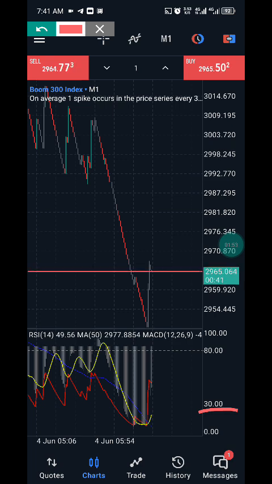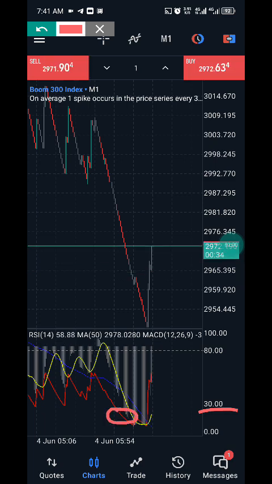Now, what you are going to wait for is the red line also. The red signal should also cross that same level. Immediately it crosses that same level, that is the right time for you to take your spike level.